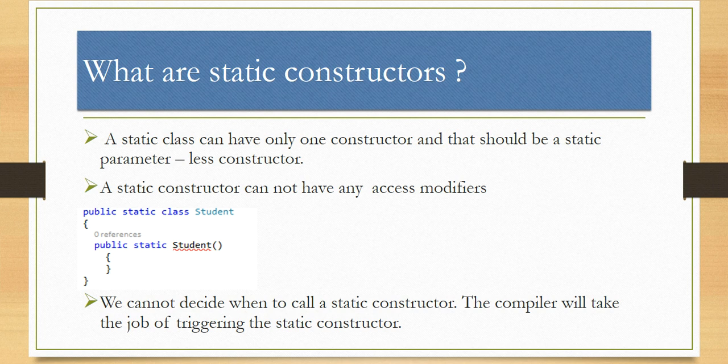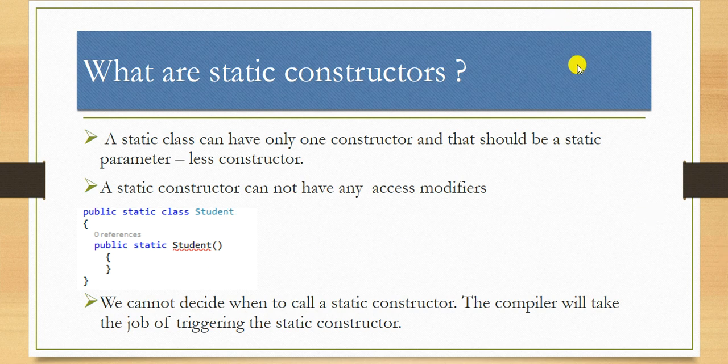And if there's an access modifier, like in this case, then there's an error here. We cannot decide when to call a static constructor. The compiler will take the job of triggering the static constructor. We can only assure one thing, that the constructor will be the first member called before any other member of the class is called.